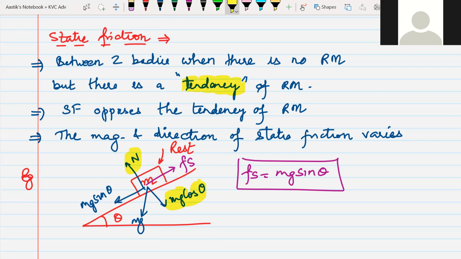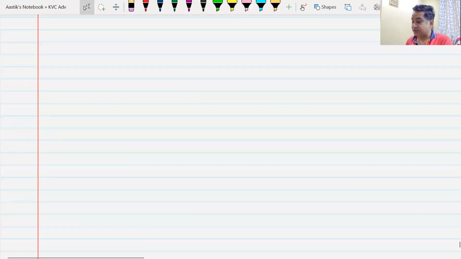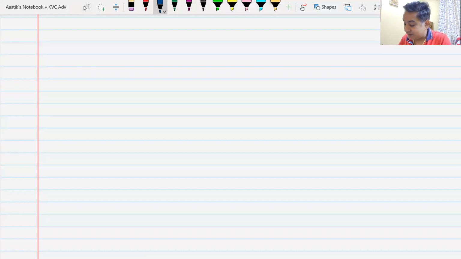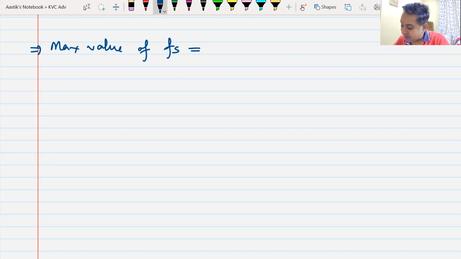Okay, so the magnitude and direction of static friction is not constant, but there is a maximum value of static friction that cannot be exceeded. The maximum value of static friction, and static friction is written as Fs, is known as limiting friction.